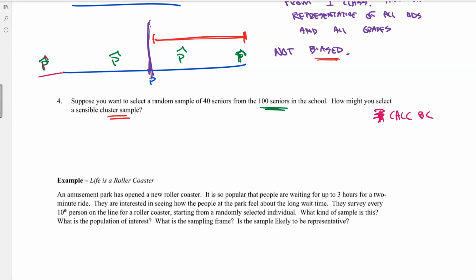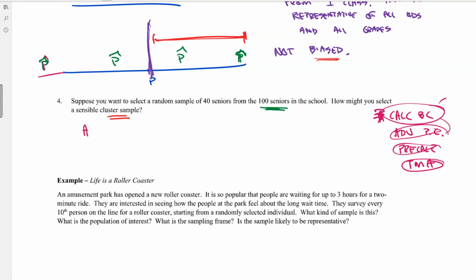Maybe pre-calc, advanced pre-calc, regular pre-calc. The types of kids in each of these classes are very similar. These Calc BC kids know their math pretty well, but they're not representative of everybody. So you'd want to break it down into groups where people are more mixed.